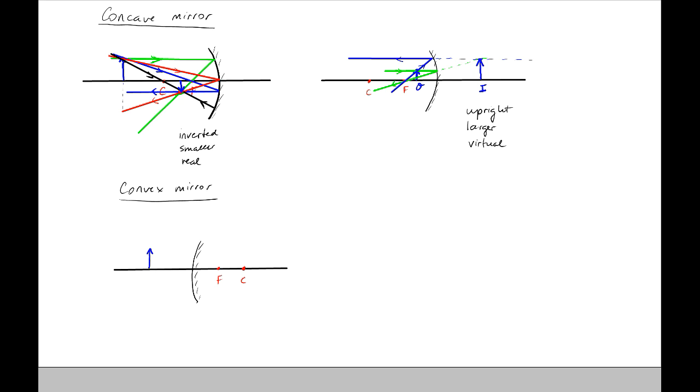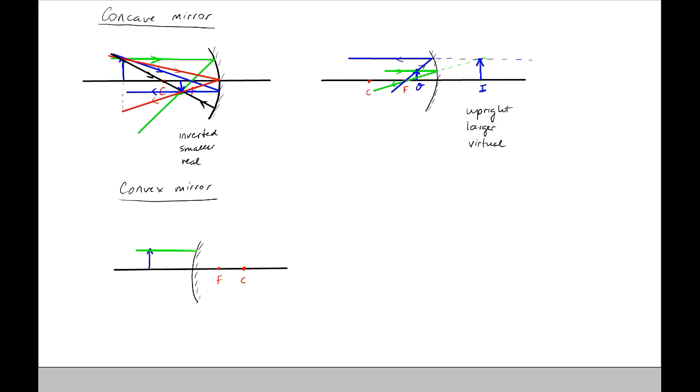So the first beam is the one that comes parallel to the principal axis, something like this, and then it would reflect through a beam that would pass through the focal point, but it doesn't actually pass through because it bounces out.